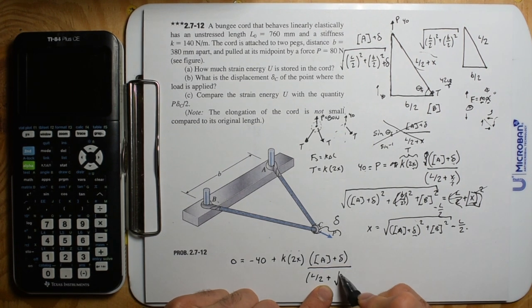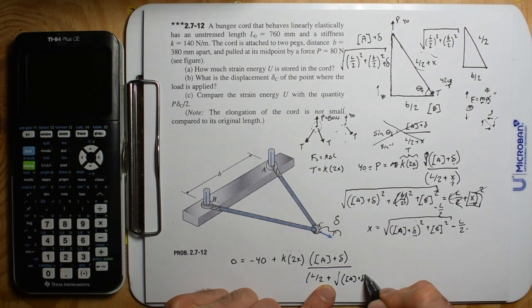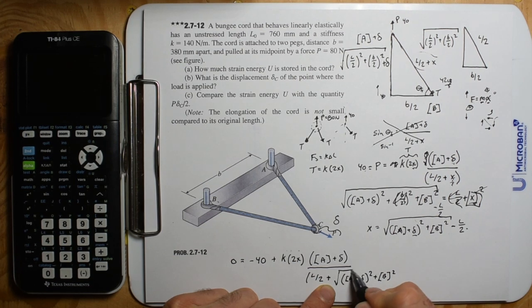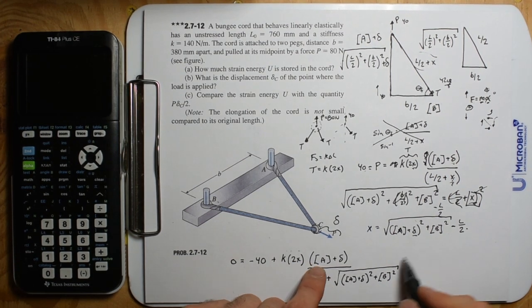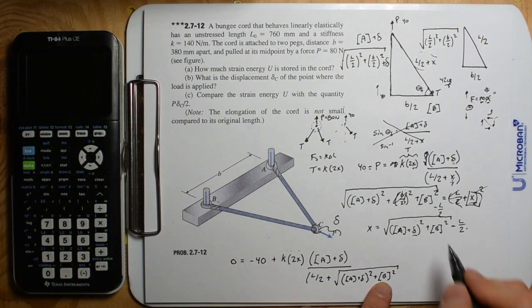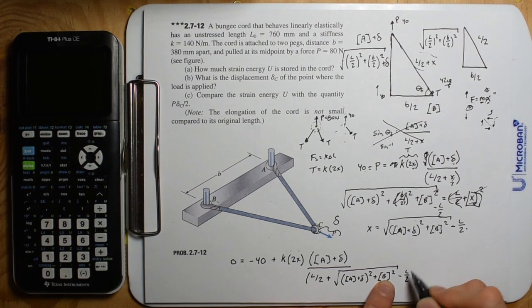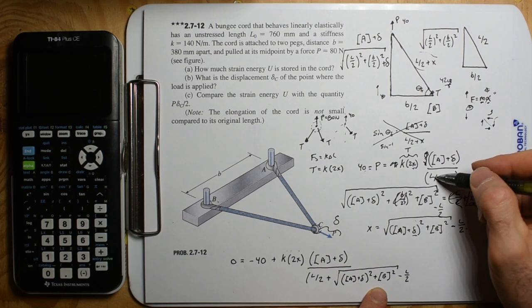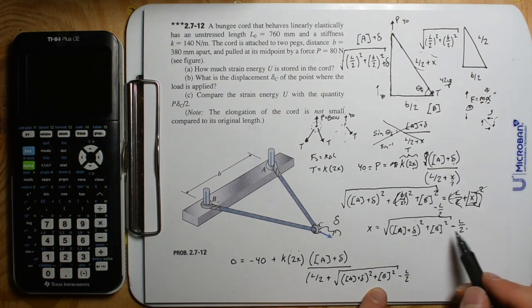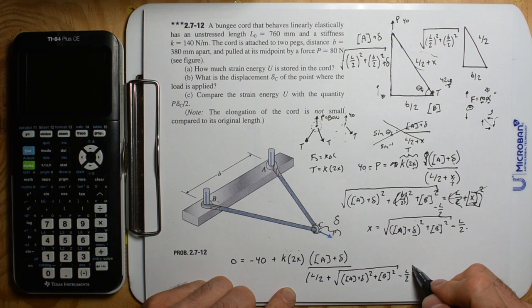So we got the square root of alpha a plus delta squared plus b squared. Now we don't have to write terms 1,000 times because these are just constants anyway. We can just throw them into our calculator as constants. Okay, minus L over 2. So that was all this x. We had L, something plus x, and x is this minus that. Okay, cool. And that's it.